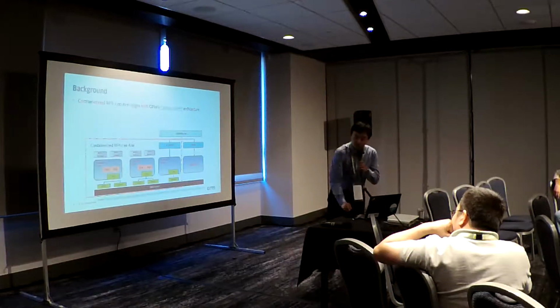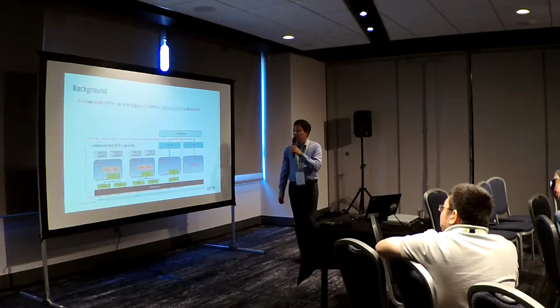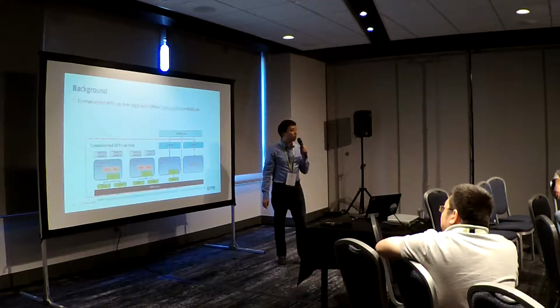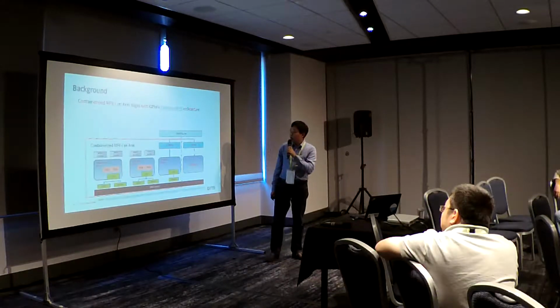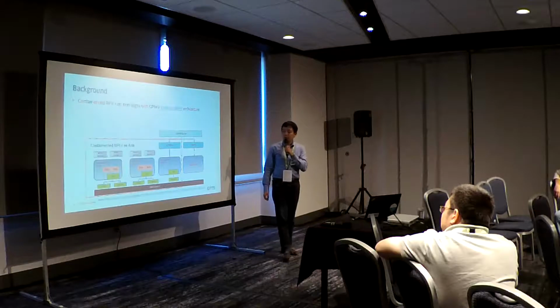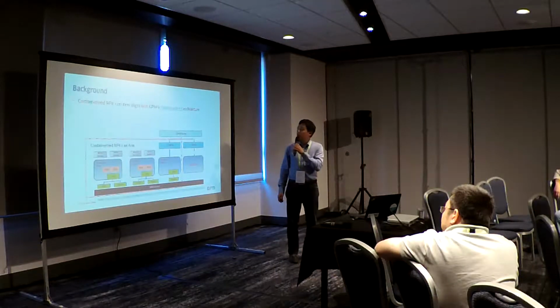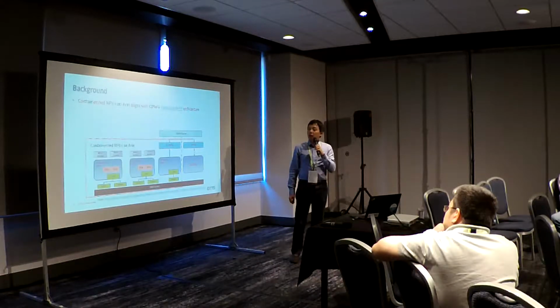This containerized NFV infrastructure on ARM actually aligns with the OPNFV Container for NFV project. We can get more detailed information about Container for NFV from the link below this picture.